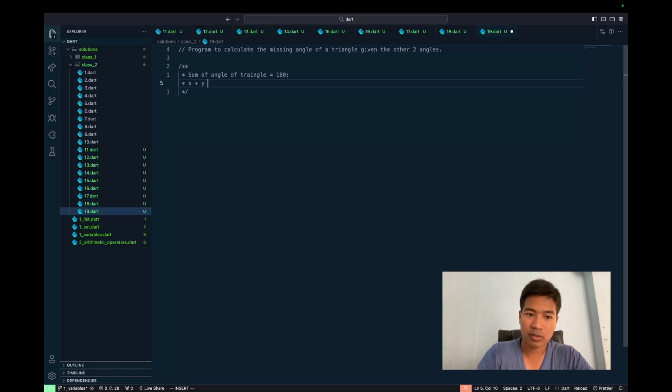Let's say the angles are x, y and z. Angle 1, angle 2, angle 3: x plus y plus z is equal to 180.